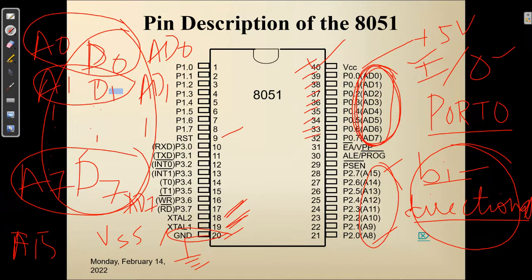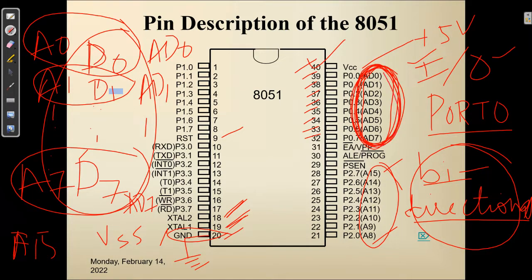इसका मतलब, अगर मैं पोर्ट 0 एड्रेस बस बोल के यूज कर रहा हूँ, yes, it is understood that port 0 is having dual function. It can be used as an address bus as well as a data bus, okay, but first it will be used as an address, and after the address work is done it will be used as a data bus.